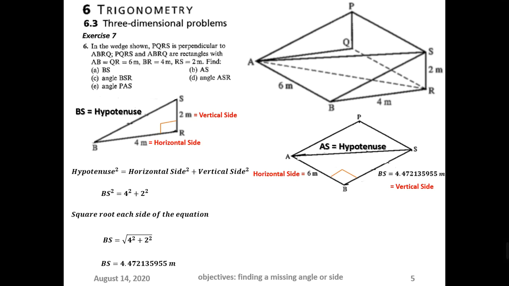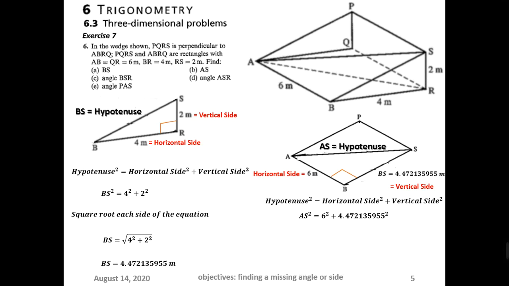And to find the missing hypotenuse, we use Pythagorean theorem, which states again, as we mentioned before, hypotenuse to the power of 2 is equal to the horizontal side to the power of 2 plus the vertical side to the power of 2. Now let's substitute in this equation. So AS is the hypotenuse, to the power of 2 is equal to 6 squared plus 4.47 to the power of 2.